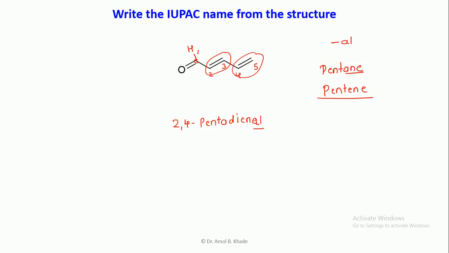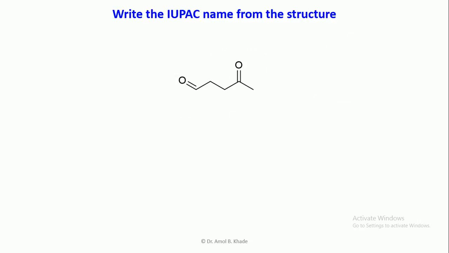Alright, now what about this structure? Again, aldehydic functionality is there. So this is an aldehydic functionality, it is a CHO, and there is a keto functionality.